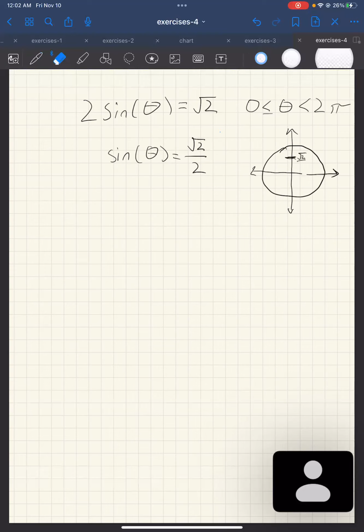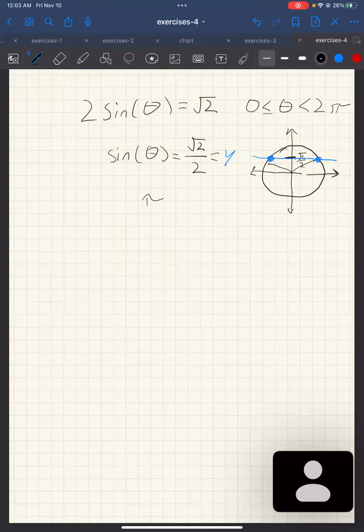So if I draw this line, y equals root 2 over 2, then I am going to intersect the unit circle at 2 coordinates, at 2 distinct angles. So we need to figure out which 2 angles from 0 to 2 pi give sine an output of root 2 over 2.